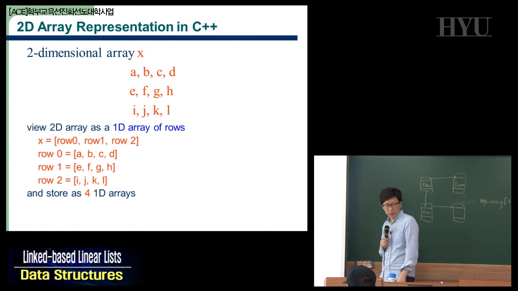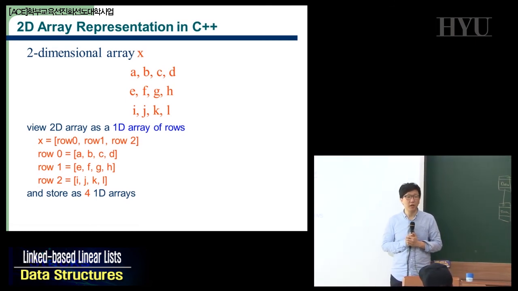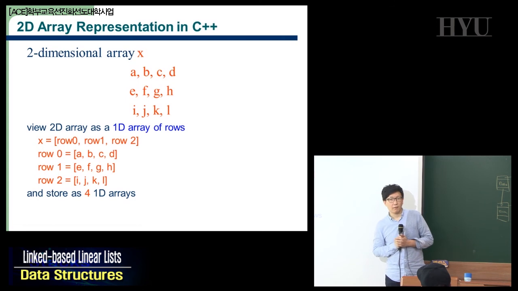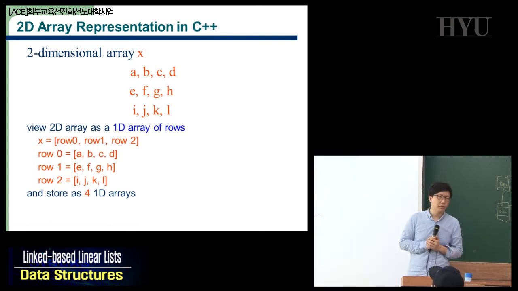Store as 4 1D arrays. So I need 4 1D arrays to store this 2-dimensional array. Why 4 again? X has 1, and each row is also 1. I have 3 rows.